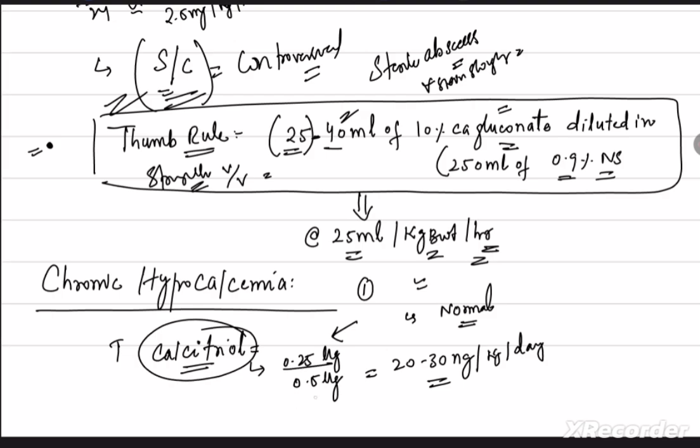Presentation is 0.25 microgram to 0.5 microgram at the dose rate of 20 to 30 nanogram per kg per day for the first 3 to 5 days, and then reduce the dose to 10 to 20 nanogram per kg per day.